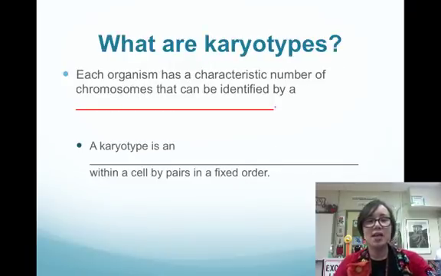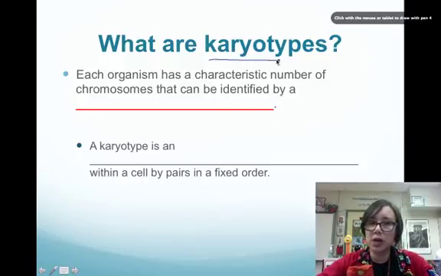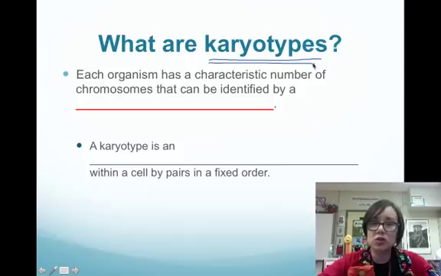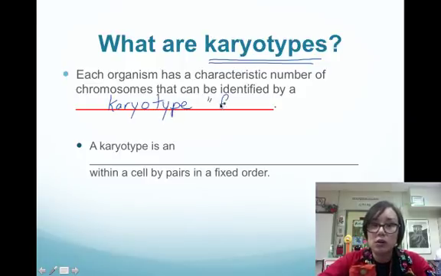All right, our next topic that we're going to talk about are karyotypes. Now, this is a really weird word, so let's talk about it. All living organisms have a characteristic number of chromosomes that can be identified by something called a karyotype. And a karyotype is really just a fancy picture of chromosomes.